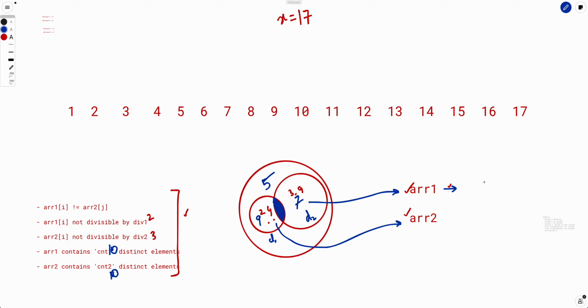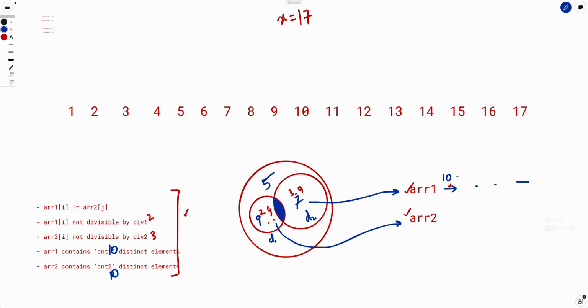You will try to put the numbers which have restrictions first. I need to assign 10 integers here, so let me put these 7 integers here first, because these 7 integers can't belong to array 2.